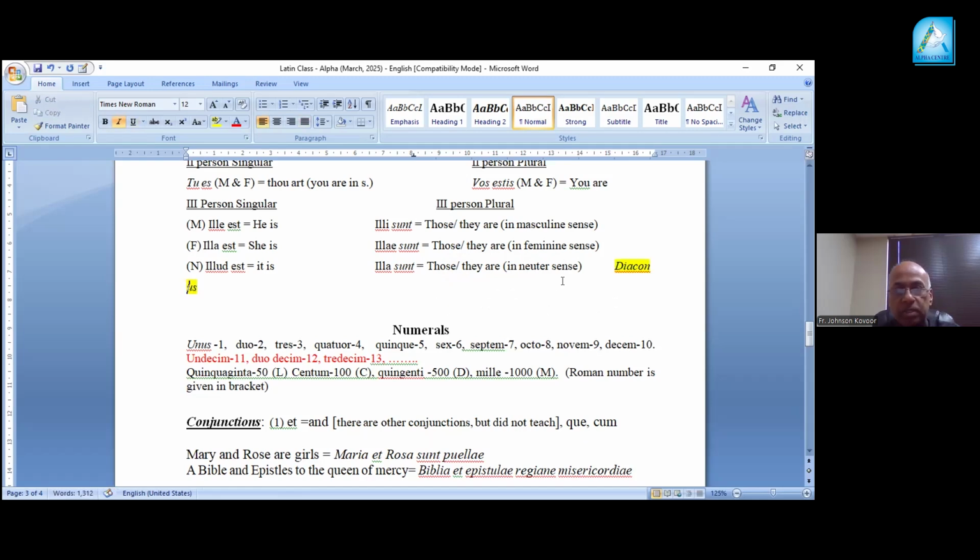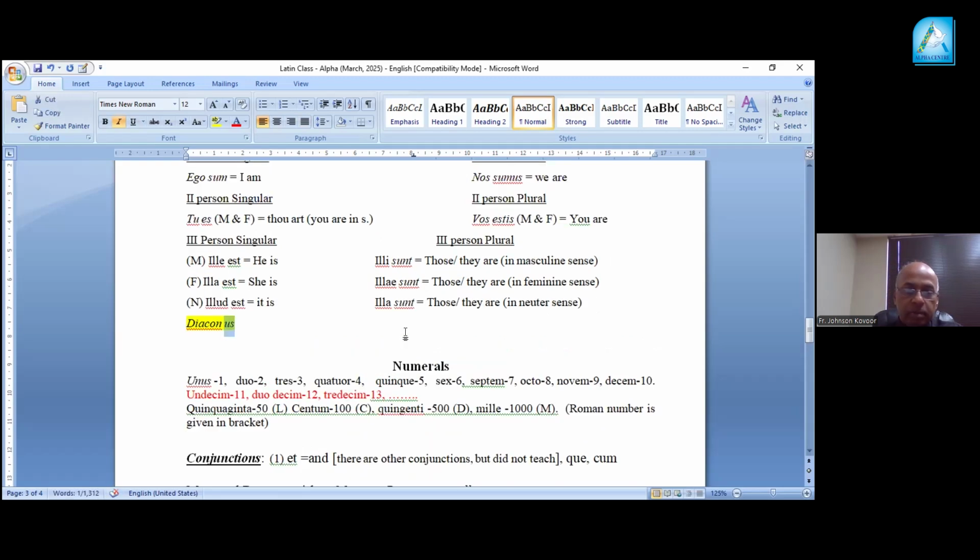We want to separate the us, and what do we want to add? Illi sunt is correct. If we avoid us, what do we want to add? Diaconi. Why?